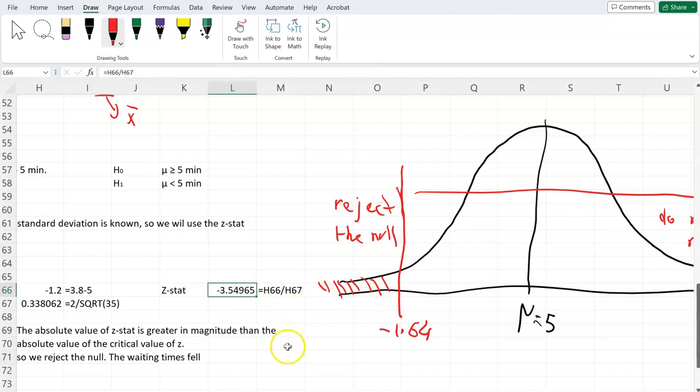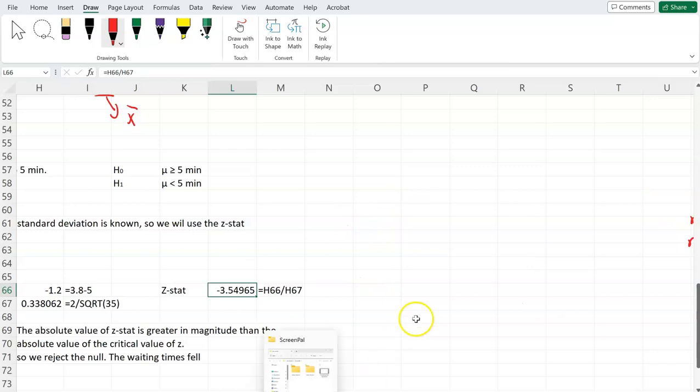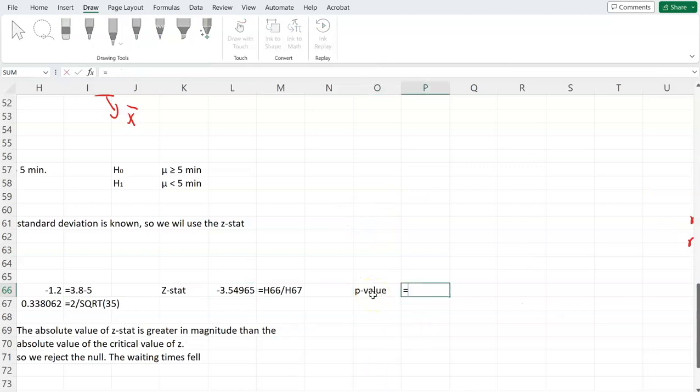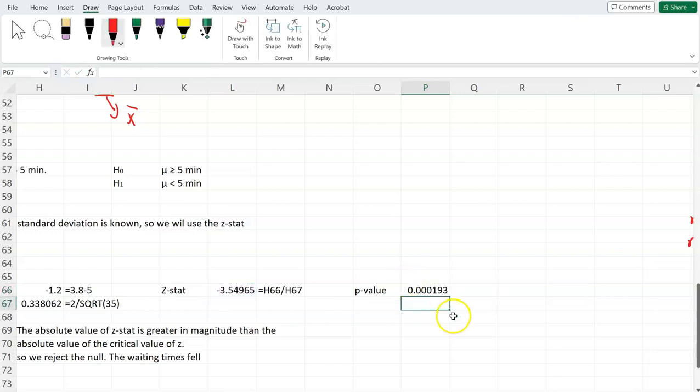So instead of the z-stat and comparing it with the critical value, I can convert this number to a p-value. What I can do here is just write the p-value would be equal to NORM.S.DIST, and then I would take that z, and for cumulative I would say TRUE, and I get a p-value of that number.